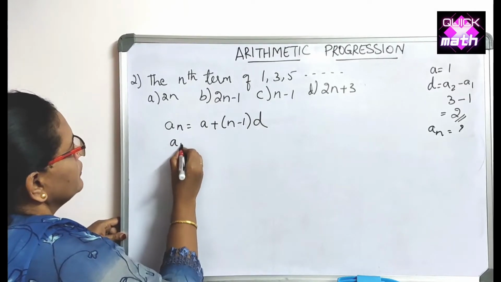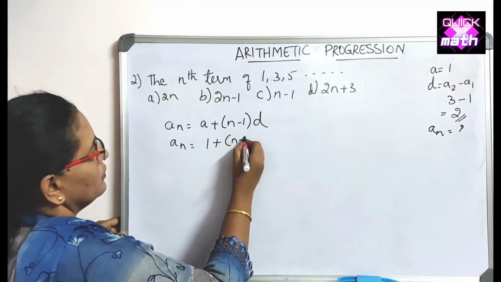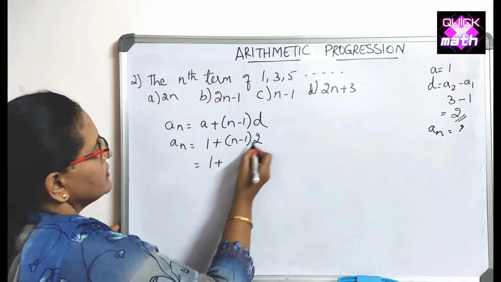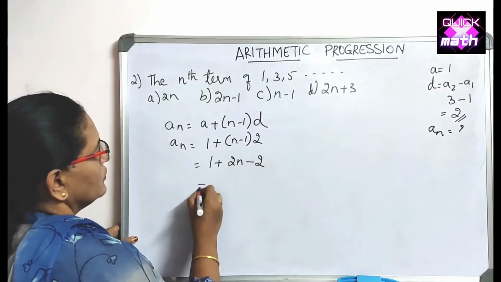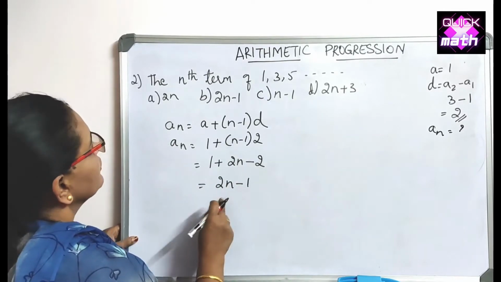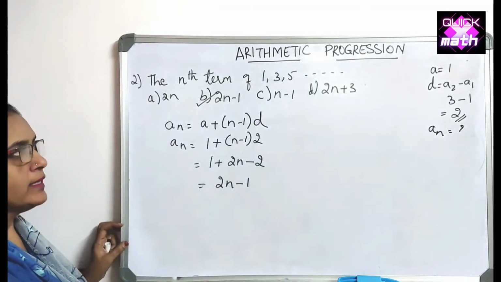So the nth term we have to find out. What is a? a is 1, plus n we don't know, and d is 2. So 1 plus 2 into n, 2n, plus into minus minus 2. So 2n minus 2 plus 1 is 2n minus 1. So here where is the option? It is in B. So the B option is the right answer.